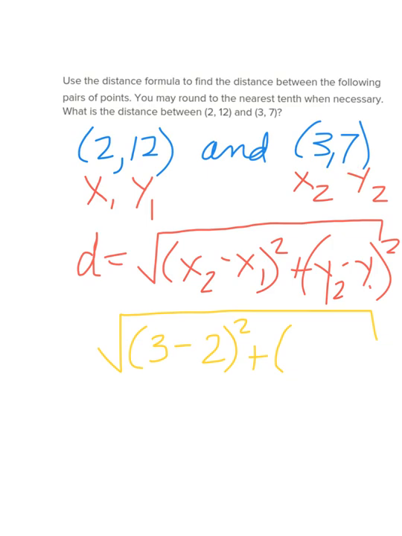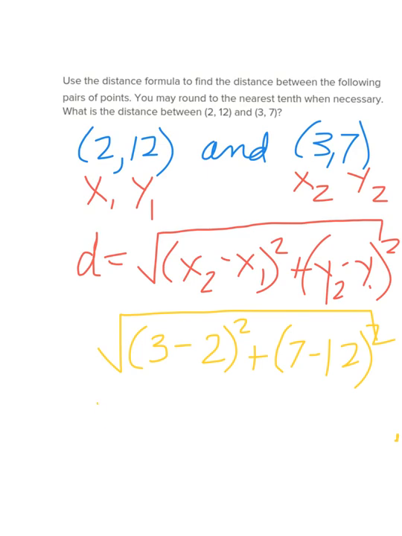So I'm going to put in 7 for y2. The next thing I'm looking for is y1. Where is y1? y1 is right here. So that's 12. And make sure you have parentheses and you square.